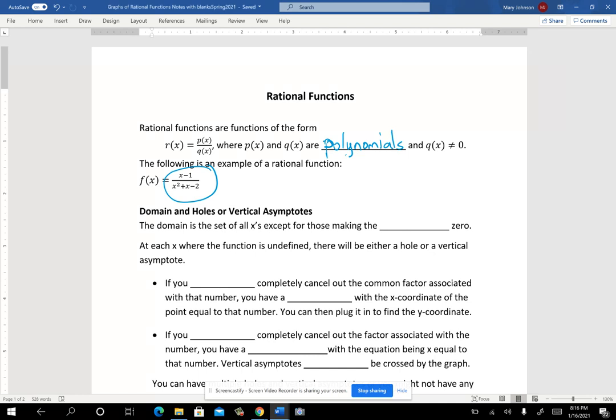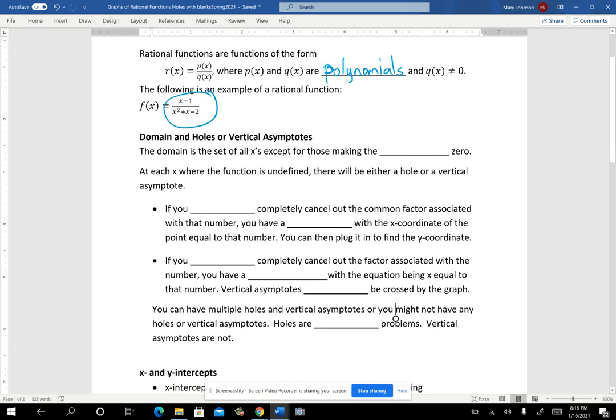All right, in this section I want you to see the connection between the domain and whether you have holes or vertical asymptotes. The domain of the function kind of goes with holes or vertical asymptotes.